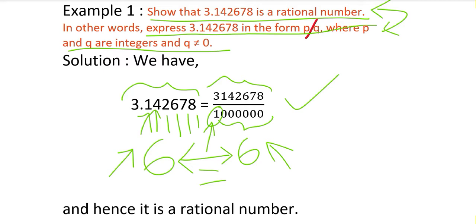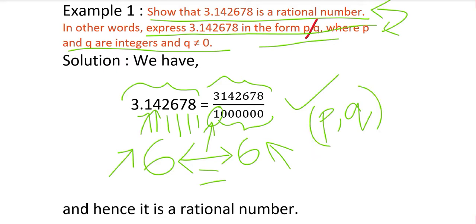Here you can see that it is only asked to write it in the form p by q, where p and q are integers. P and q should normally be co-prime. When we express it in the form of rational numbers, we represent p and q as co-prime.